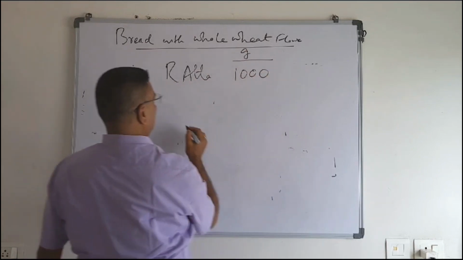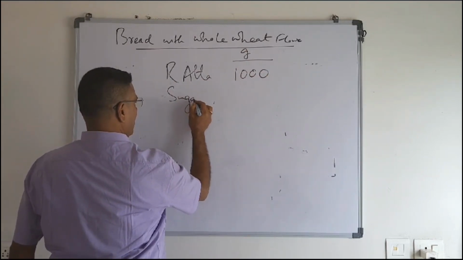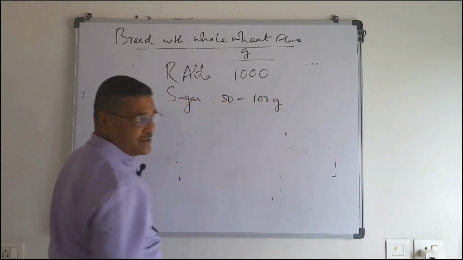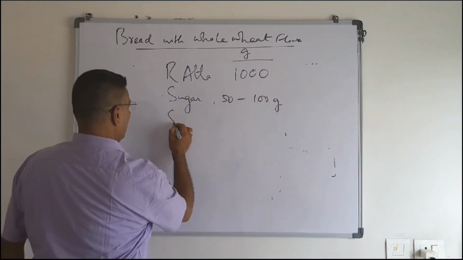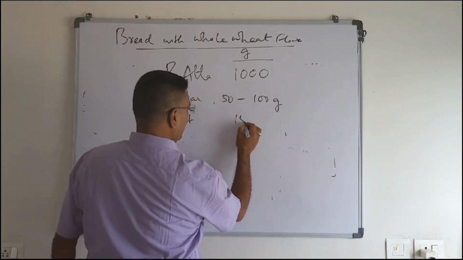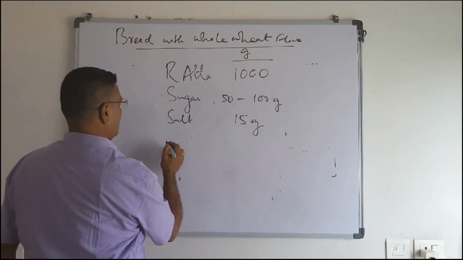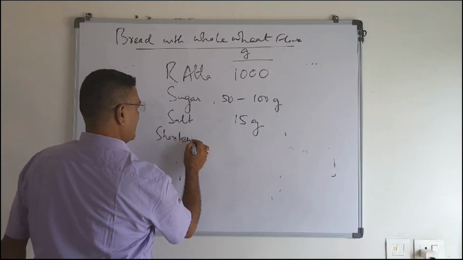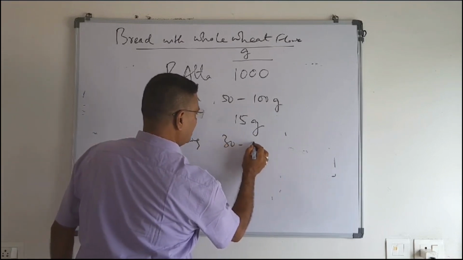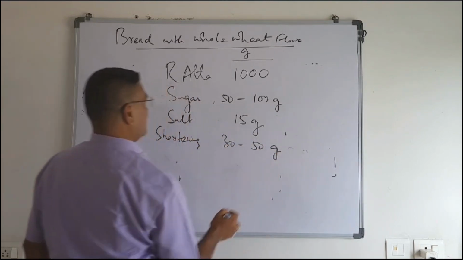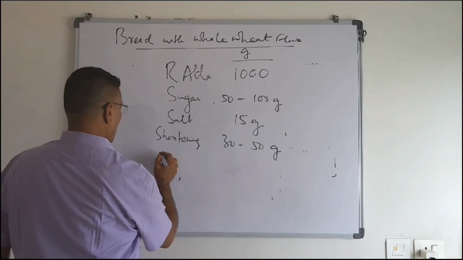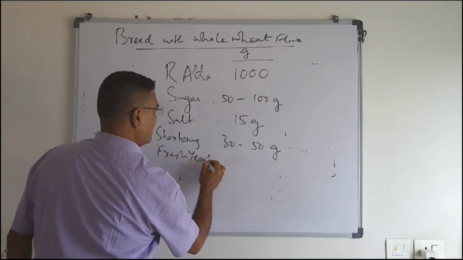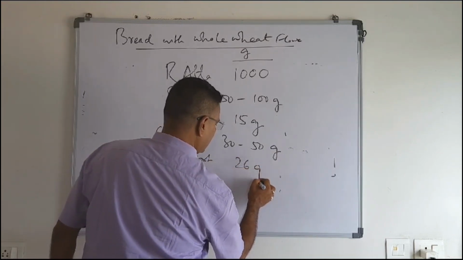1000 grams. Let's say sugar can be from 50 grams to 100 grams as per the regional need and the sweetness level. The salt will be around 15 grams. Shortening would be from 30 grams to 50 grams. Fresh yeast 26 grams.